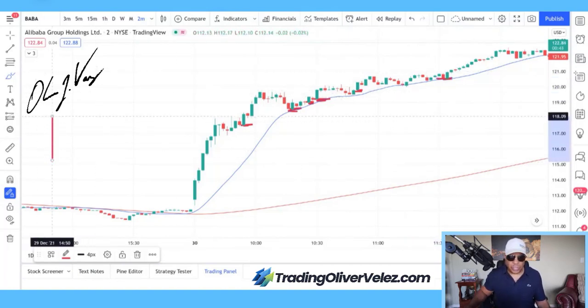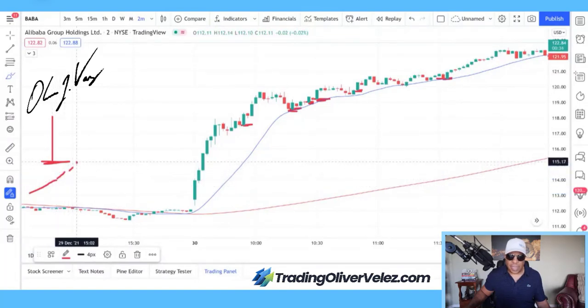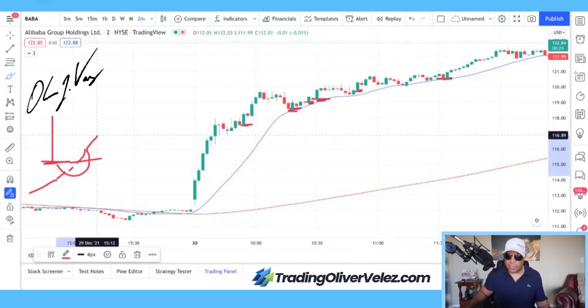So here's your bar. Here's your stop. Here's the moving average. Uh-oh. Here's the moving average coming. Now the moving average passes the stop. You see? Now you're going to go from the bar to the moving average until you get another bar.